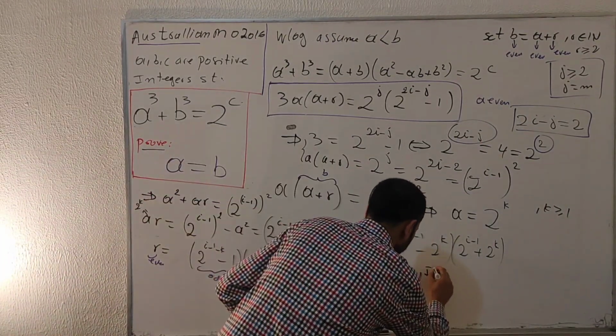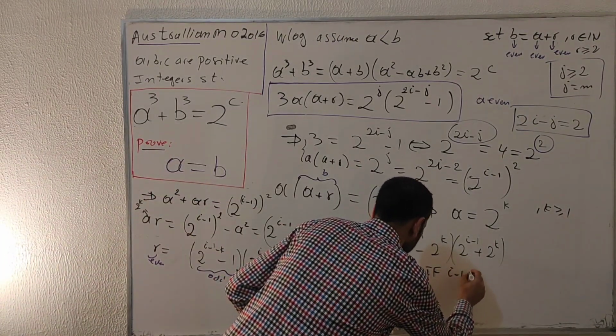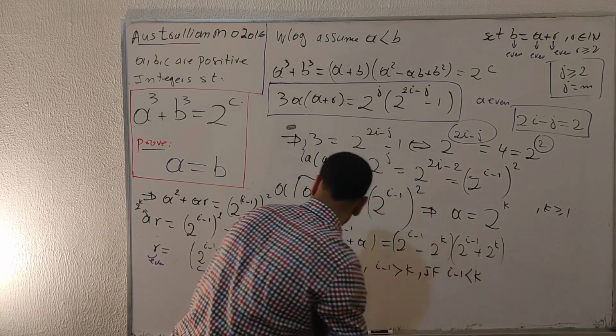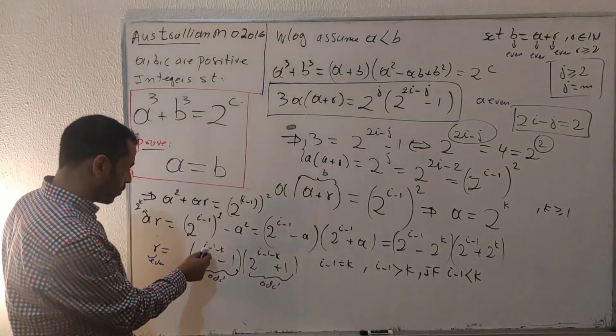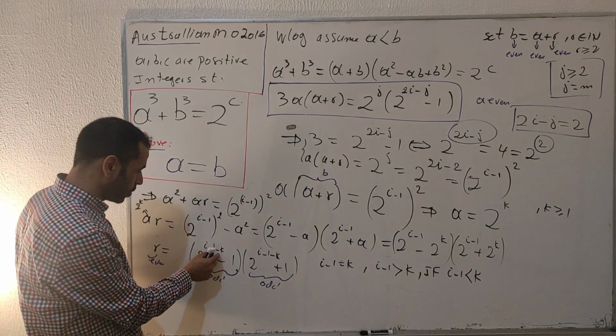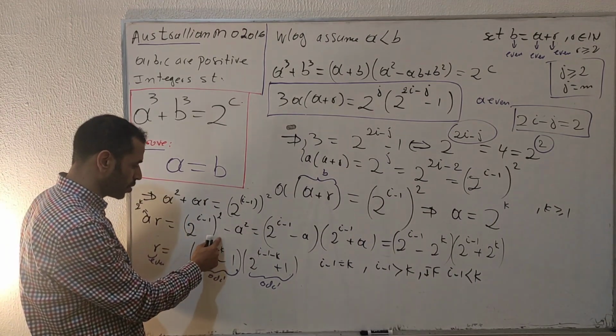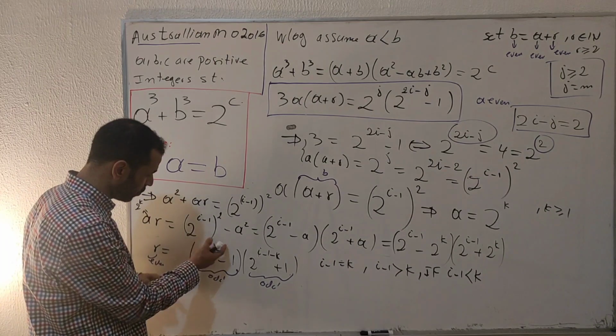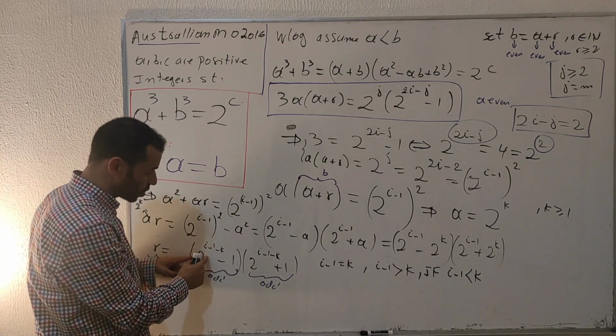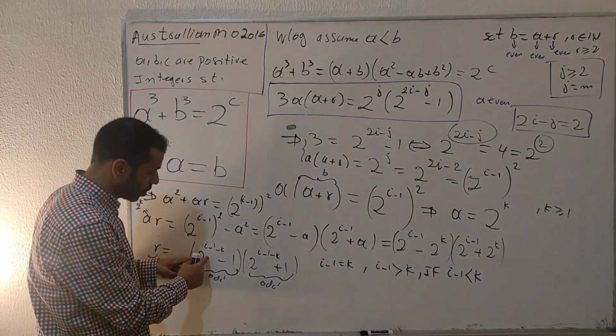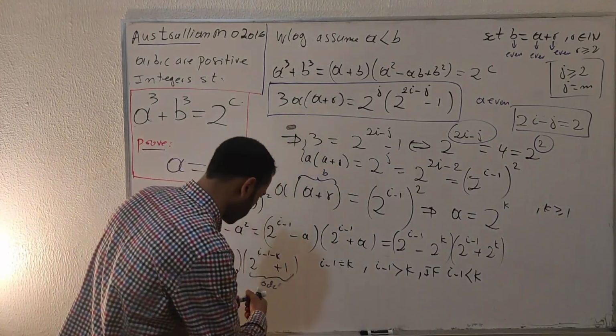Let's consider if i minus 1 is strictly inferior to k. Okay, if i minus 1 is strictly inferior to k, which means this exponent becomes negative, this number becomes not an integer. It's a contradiction.